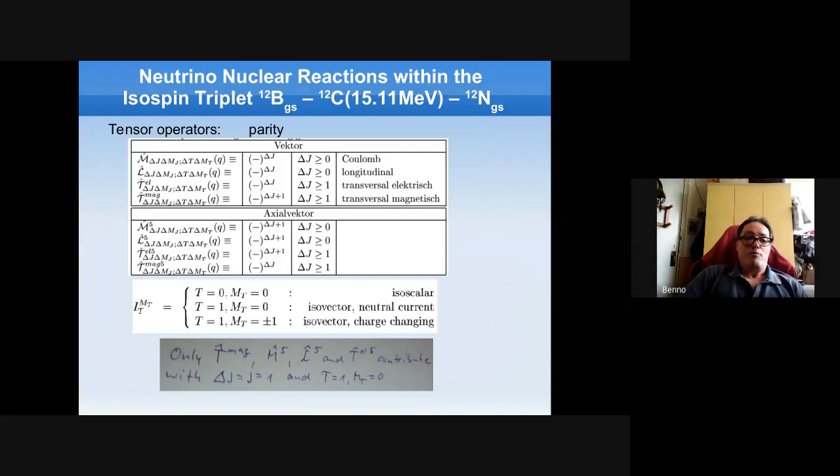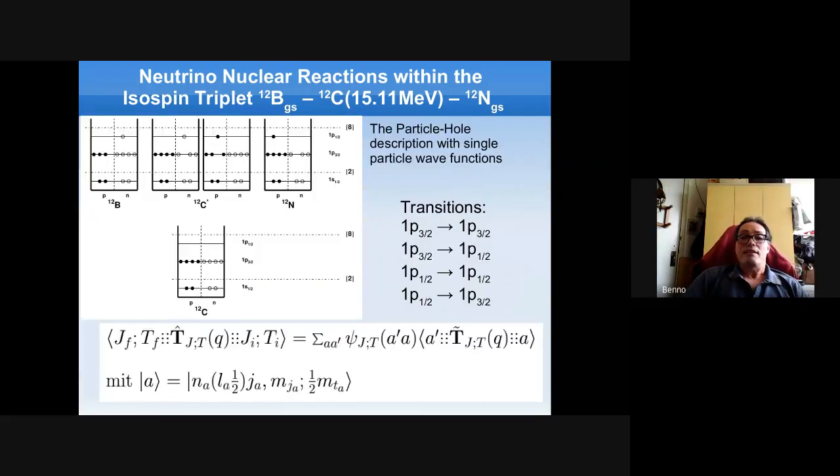The flip of isospin of 1 unit and being in the carbon sector shows us that it is an isovector neutral current reaction. And so only TMAG, M5, L5, and TEL5 operators contribute, and these are the selection of delta J 1 and isospin 1. We can describe this in a particle-hole description with particle wave functions.